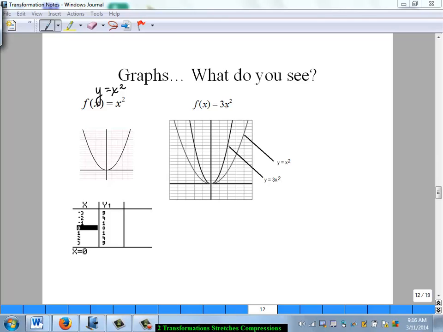In front of the x squared, so there's my y, I multiplied the y's by 3. So on my points, I'm taking all my y values and multiplying by 3. In doing that, here's my new table, and all my x's remain the same.